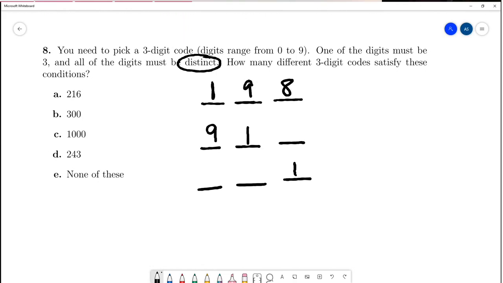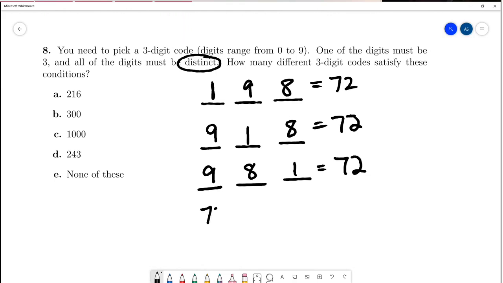So we have 9 choices and 8 choices for each one of these options. If I multiply them together, that gives me 72 options if 3 is in the first position, 72 options if 3 is in the second position, and 72 options if 3 is in the third position.